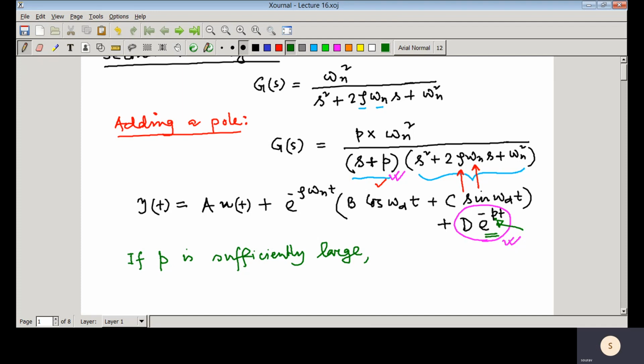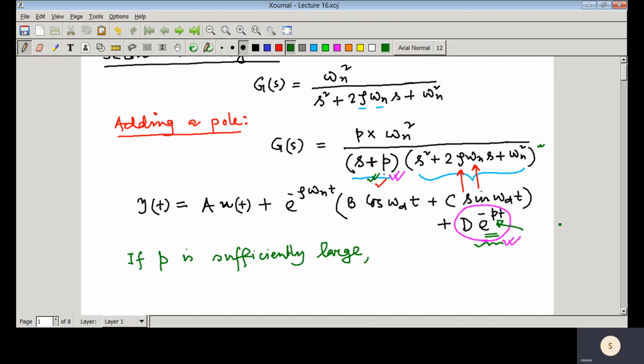That means the effect of that pole on the time response would be negligible. If we keep on increasing p, that means the newly introduced pole is moved along the left direction, placed far away from the origin, or in other words if p is large, then the effect of this pole would be negligible.